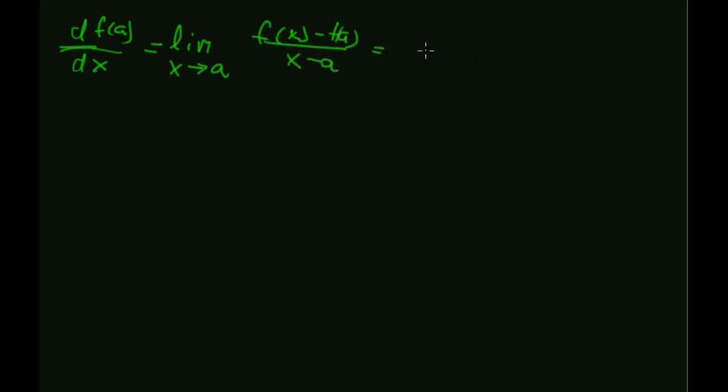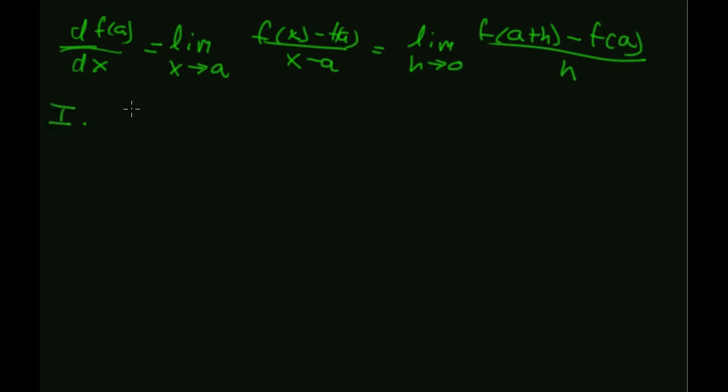So two definitions of a derivative. df at a over dx can either equal the limit as x approaches a of f of x minus f of a over x minus a, which can be rewritten as the limit as h approaches 0 of f of a plus h minus f of a over h.